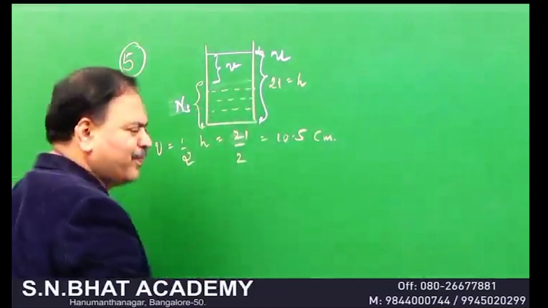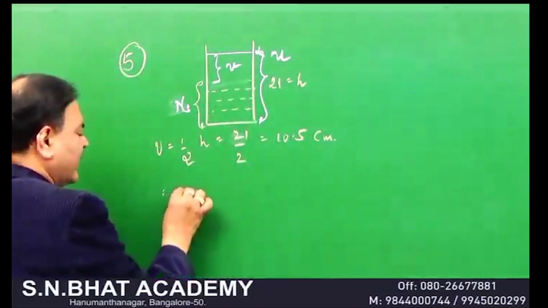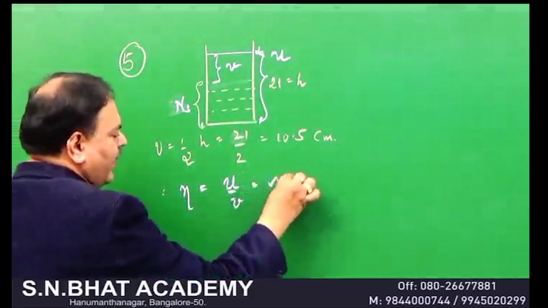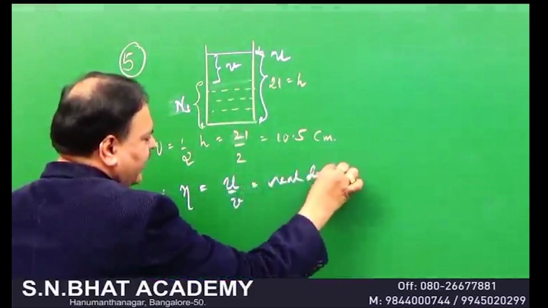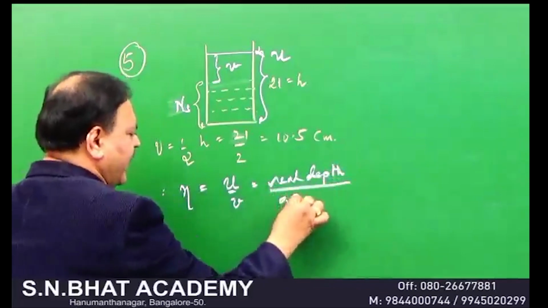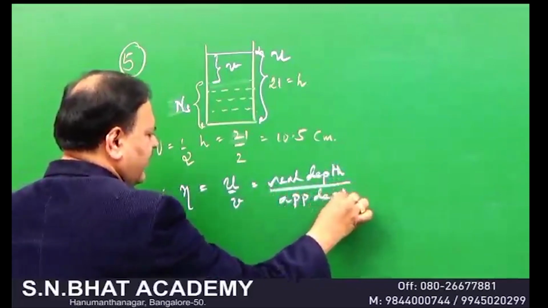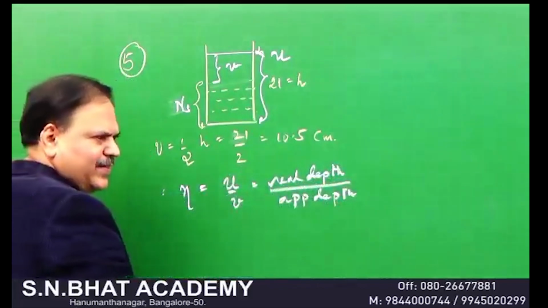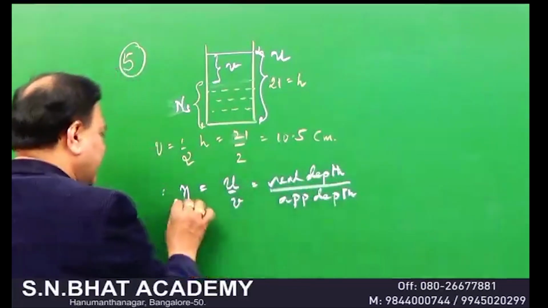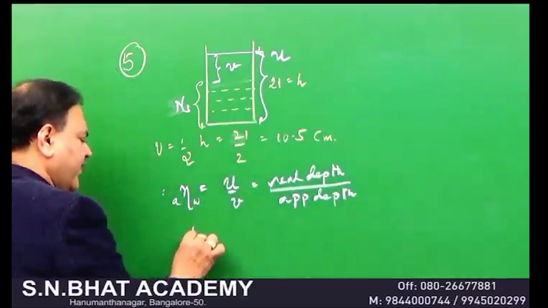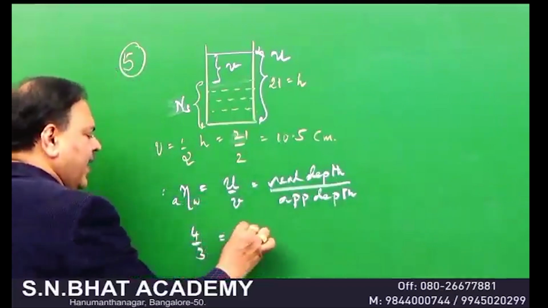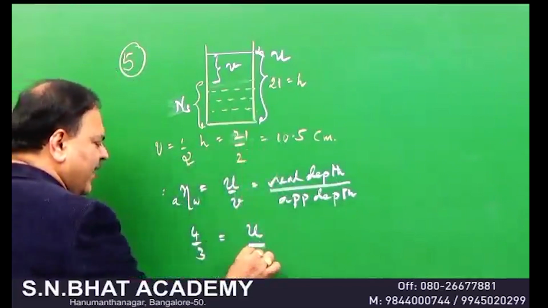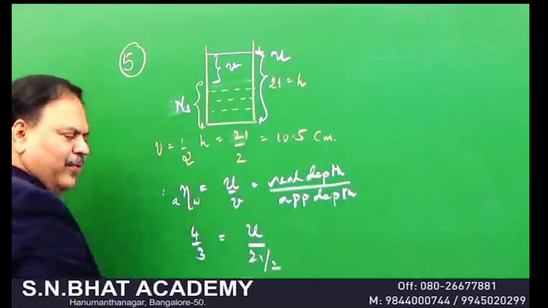Half of this value. You know the formula for the refractive index? Refractive index is given by the formula U by V, which is called the real depth, and it is called the apparent depth. And he has given that n is the refractive index, which is equal to 4 by 3, and your V he has given as 10.5, or it is equal to 21 by 2.